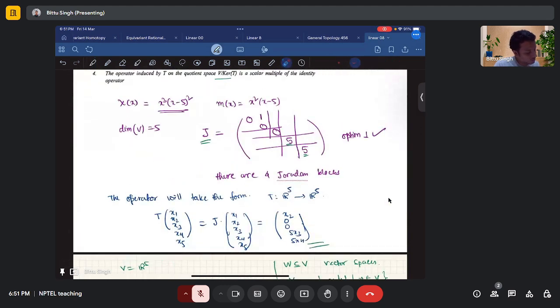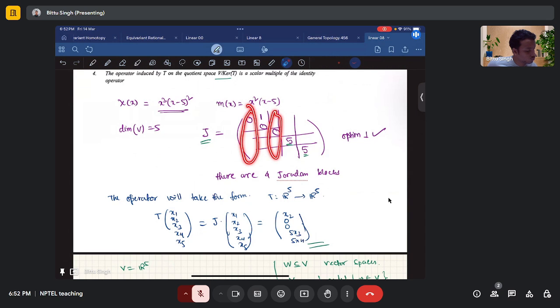From here it is clear that the rank of this matrix is actually 3, because you can see there are 3 linearly independent rows or columns, whatever you say. So rank must be 3. Therefore nullity is 2.